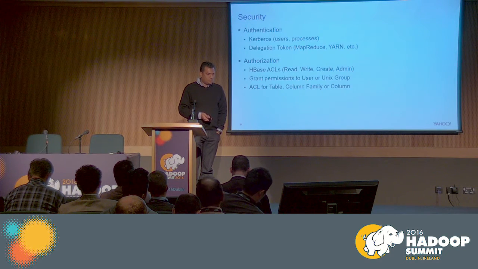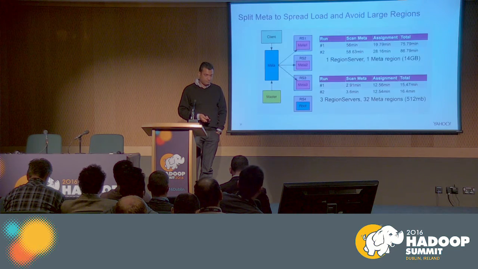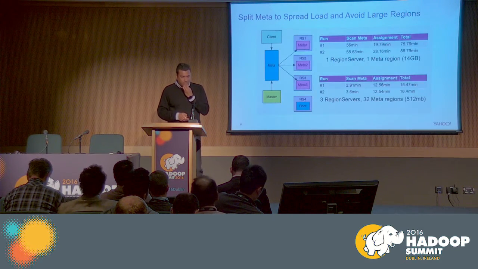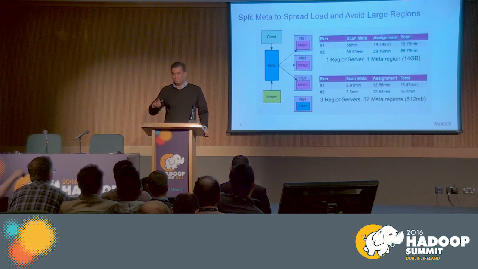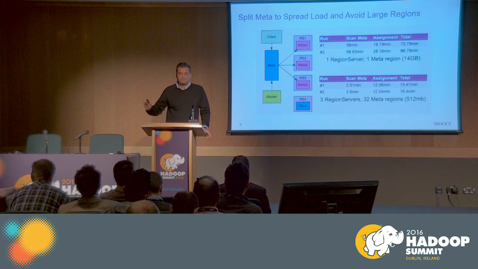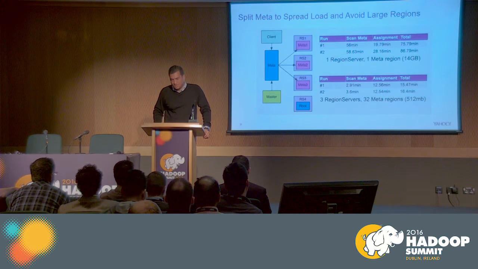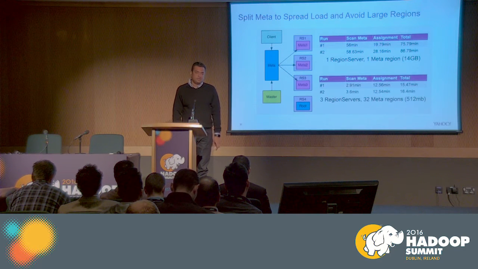HBase, I talked about our deployment, our security work. Let me skip those. This is region group. I have 4 or 5 minutes left. Okay, so let's talk about some of the work we've done. We split the meta table into multiple regions, or smaller meta tables, and the reason was that meta access becomes a bottleneck when you start to scale or start to host a lot of regions on the same cluster.